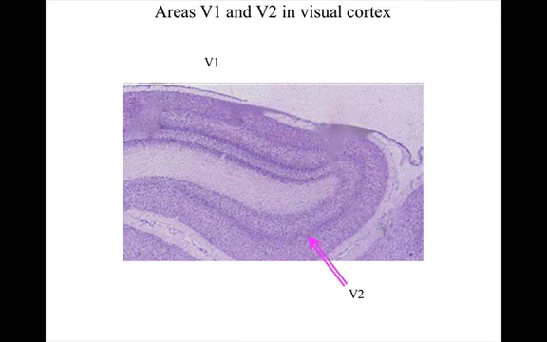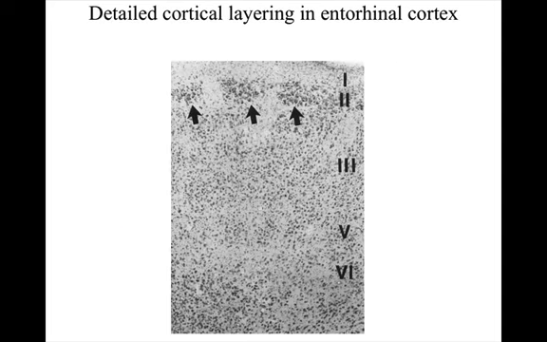And in area V2, there's a simple, undivided layer 4. Another variation can be seen in the entorhinal cortex, where there's no layer 4 at all, and clusters of neurons called cell islands are visible in layer 2.